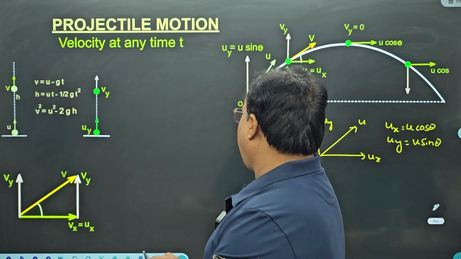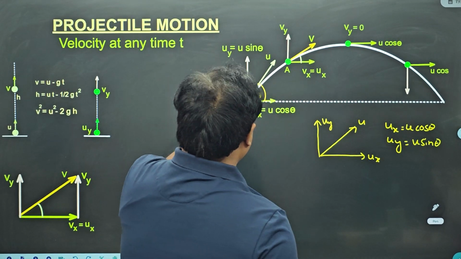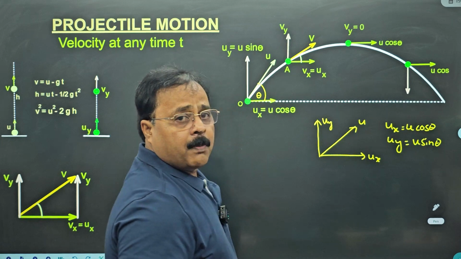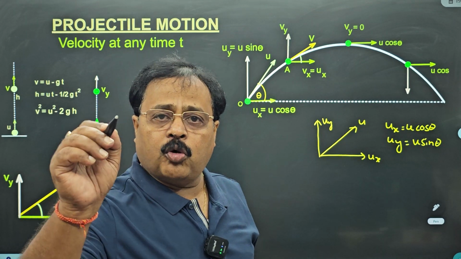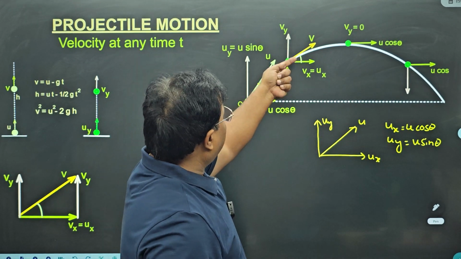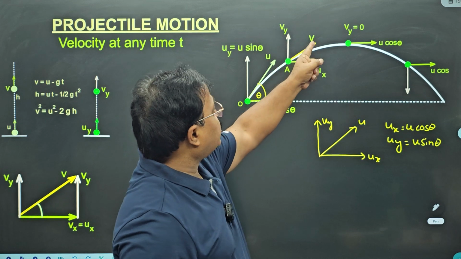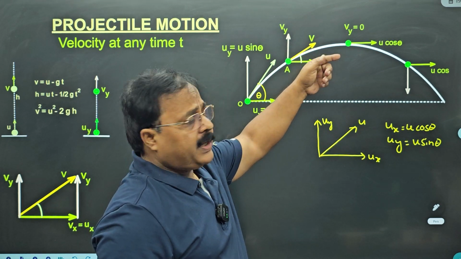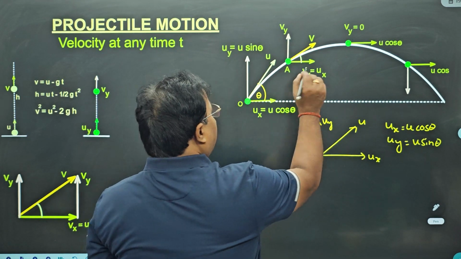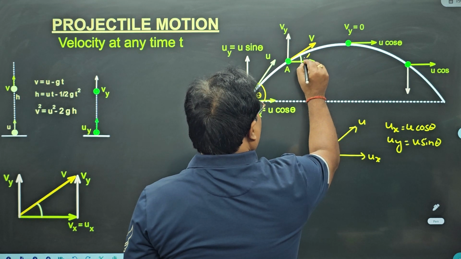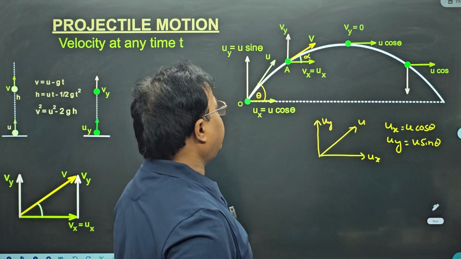Okay, my dear students, the body takes a time t in going from O to A. At A, the velocity of the body under projectile motion is v, and suppose it is making an angle alpha with the horizontal.